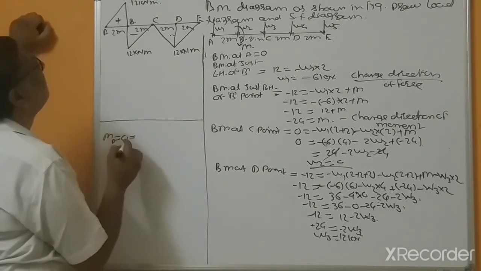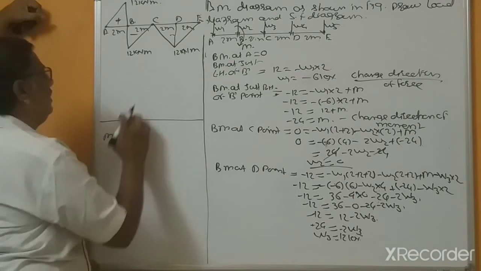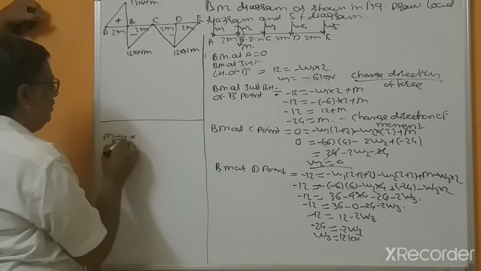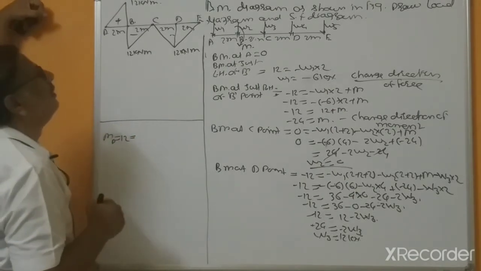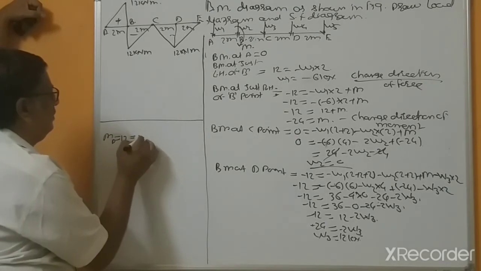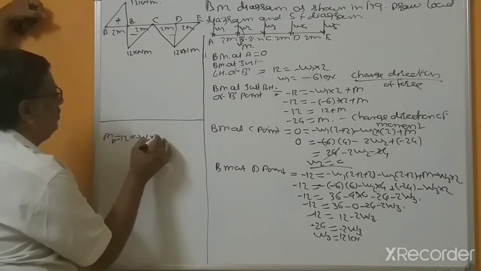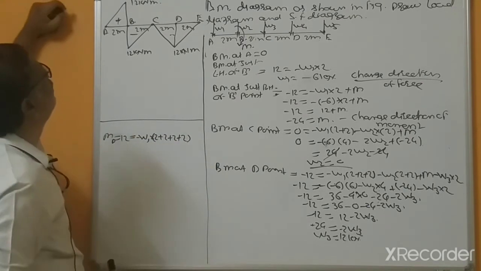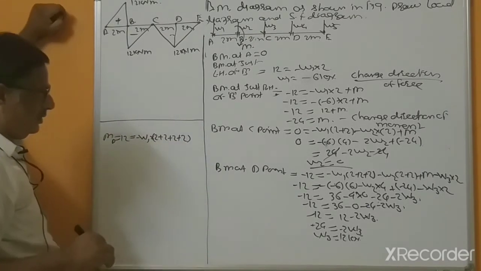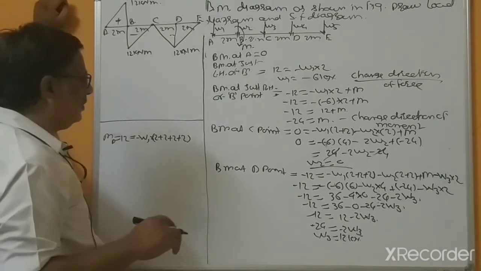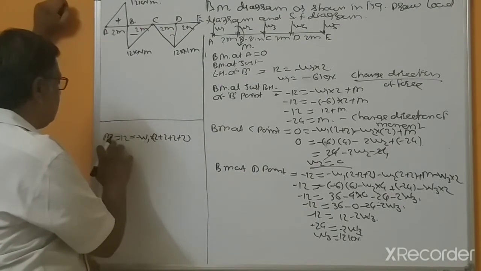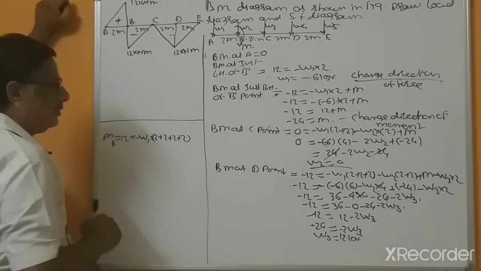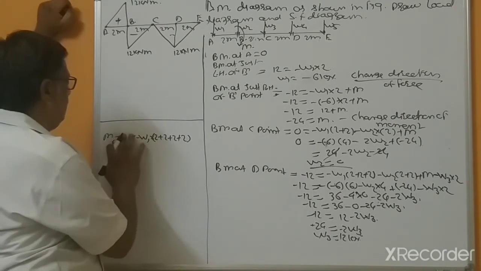Now MD, this is 12, it's not 0, 12, W1 into 2 plus 2 plus 2 plus 2, okay, oh, we already calculated this, so this is 0.